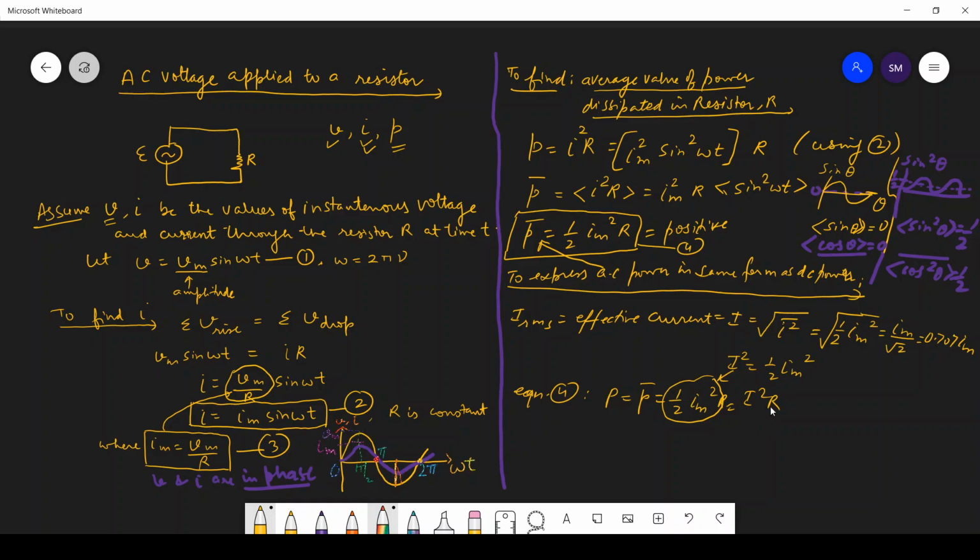So for this we have defined IRMS, or effective current. We want to understand it with the help of the graph.